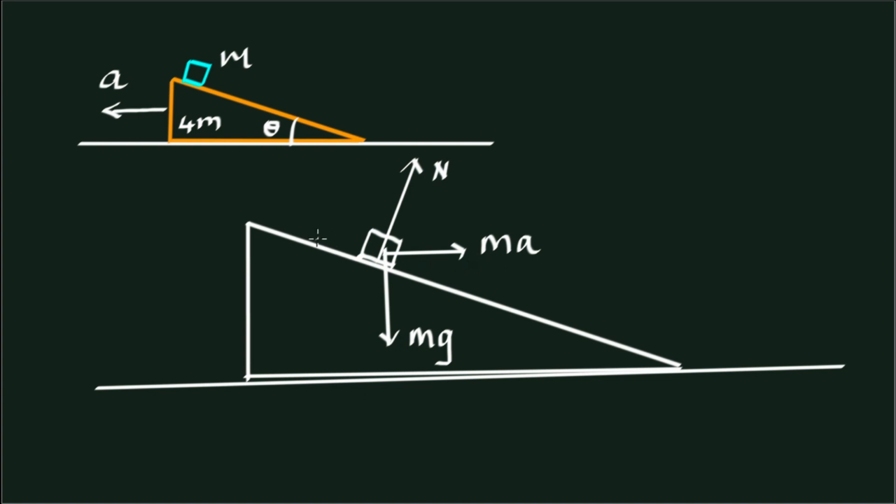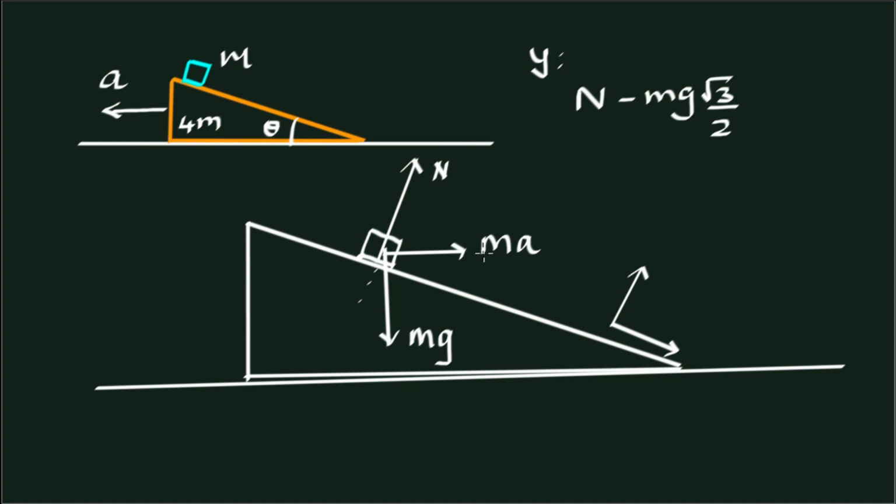Now, in the wedge frame, the wedge is stationary. Now we have a simple fixed incline problem. Let's, as always, take x-axis along the incline and y-axis perpendicular to the incline. Let's look at the forces in the y direction. Perpendicular to the incline, we have N, and then mg has the usual mg cos theta in the negative y direction, minus mg cos 30 degrees, which is root 3 by 2.